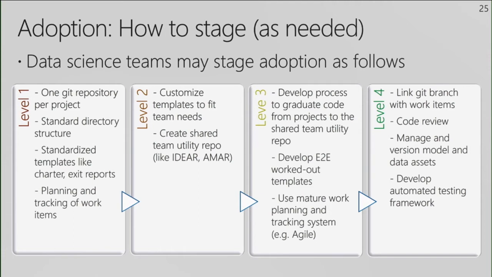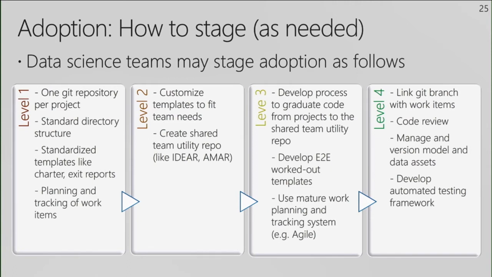What I would say is that some of the early adoption benefits would come from utilizing Git repositories, standardized structures, both for directories and how the directories should look, and also the templates. So standardization using collaborative approaches for development can give you a lot of benefit early on.